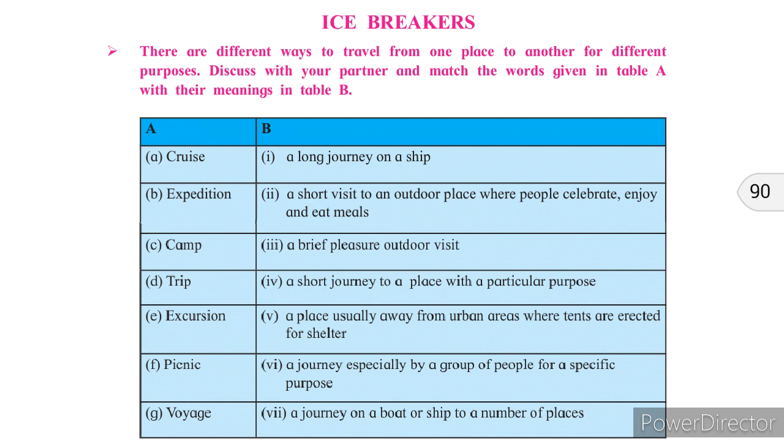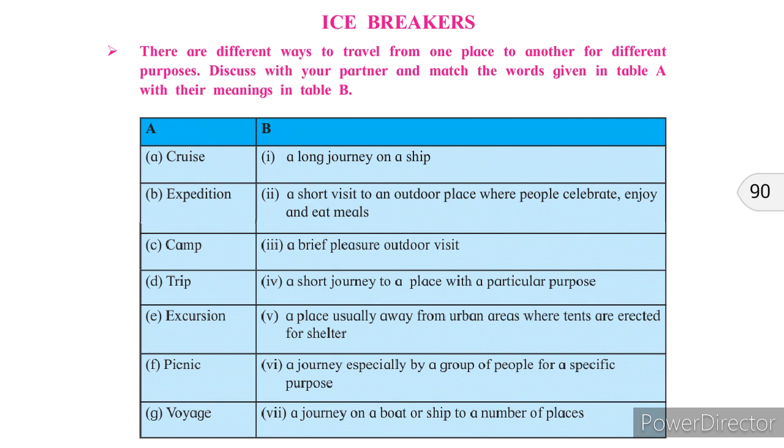In column A, the sixth one is picnic. Picnic means a short visit to an outdoor place where people celebrate, enjoy and eat meals. So in column B, the second sentence is correct for picnic. And in column A, the seventh one is voyage.